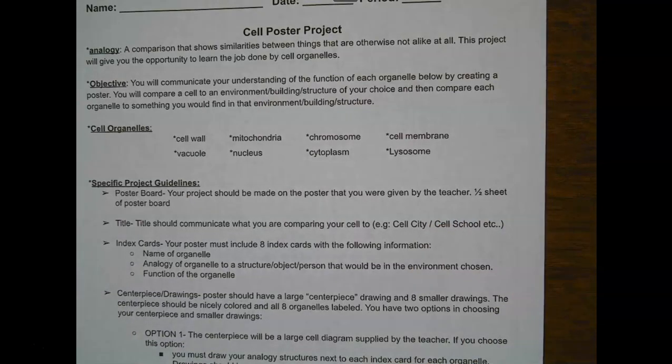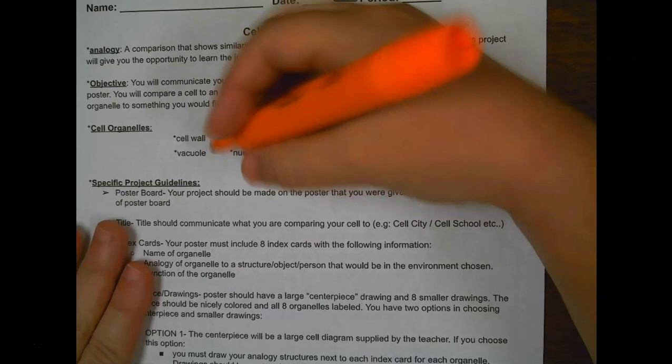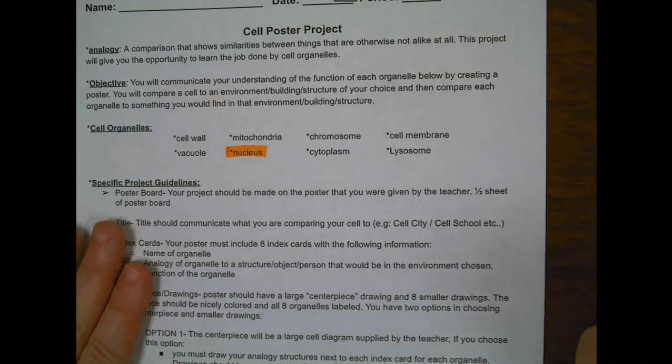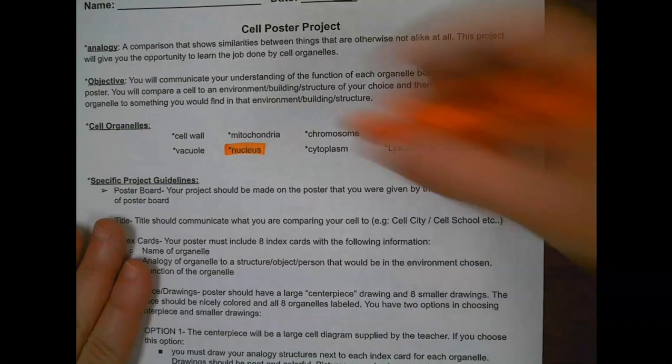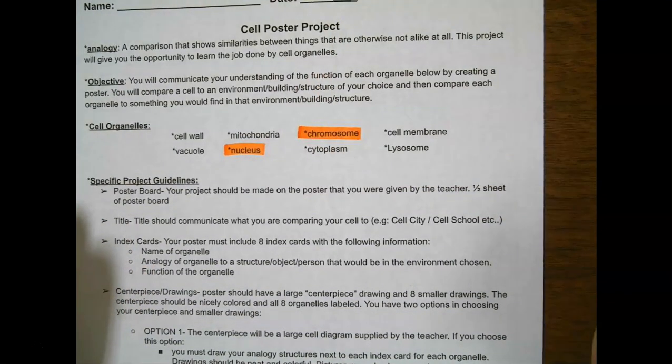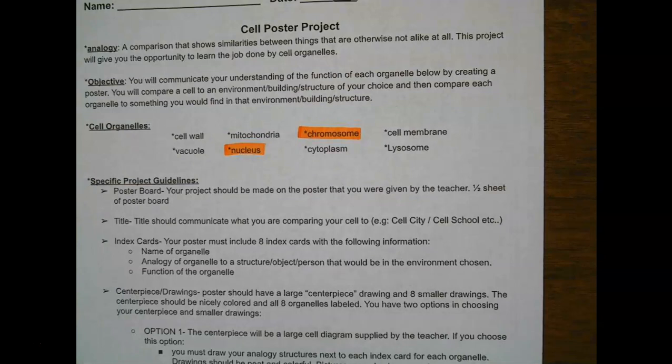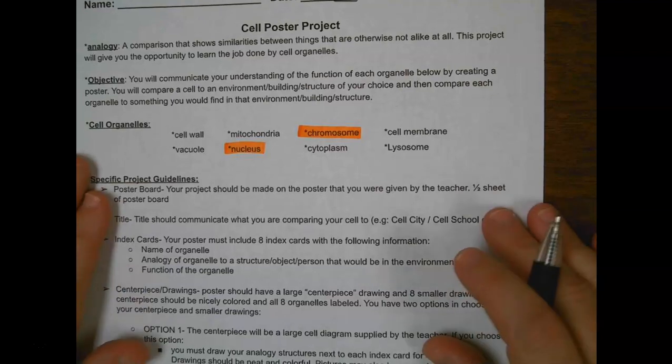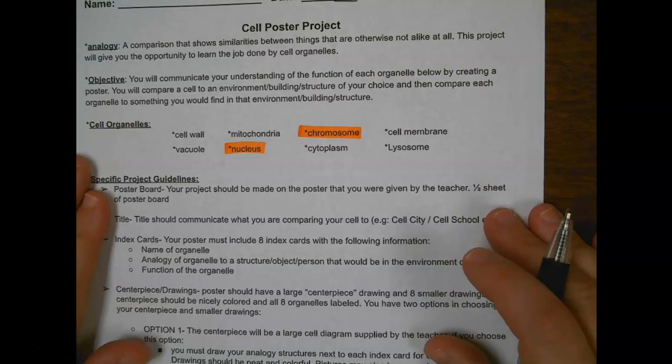So step number one is deciding who's going to be in charge of which organelles. Now, I will warn you that whoever is doing nucleus, that person needs to also be doing chromosomes because they are so closely related. And that's my only requirement as far as assigning organelles. You can, on each of y'all's papers, just put your initials next to the ones that you're doing.